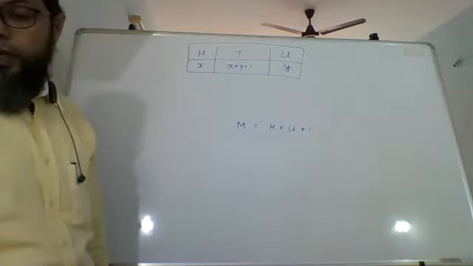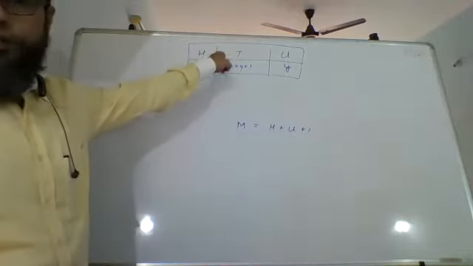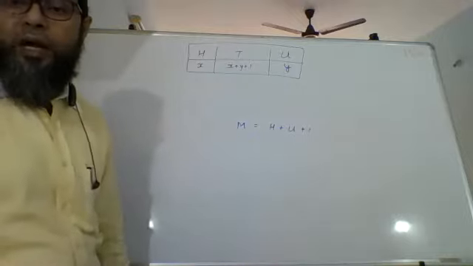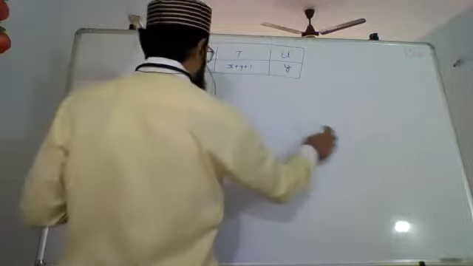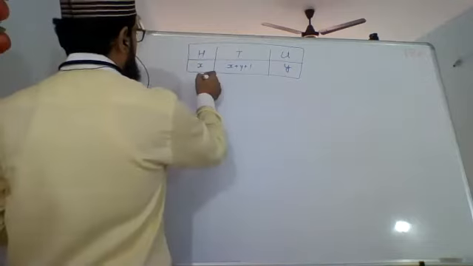Okay. Now let's understand. If you want, you can make it like this: H T U, x, then x plus y plus 1, and then y. Now, let's take any 3-digit number, 973, for example.